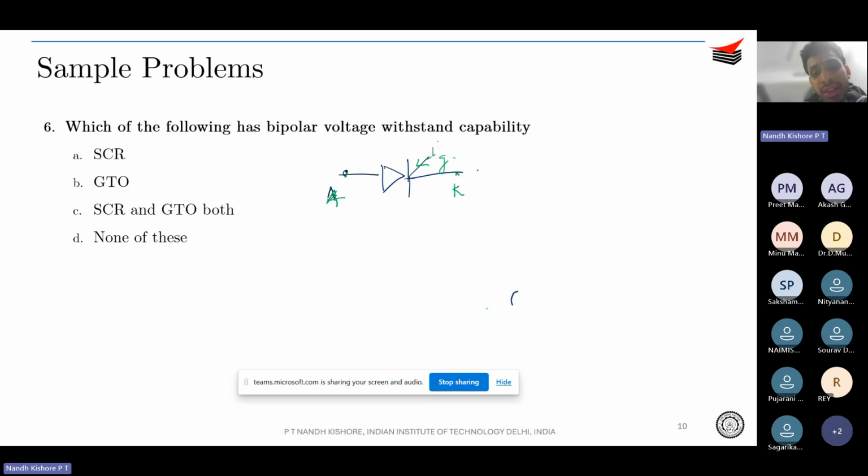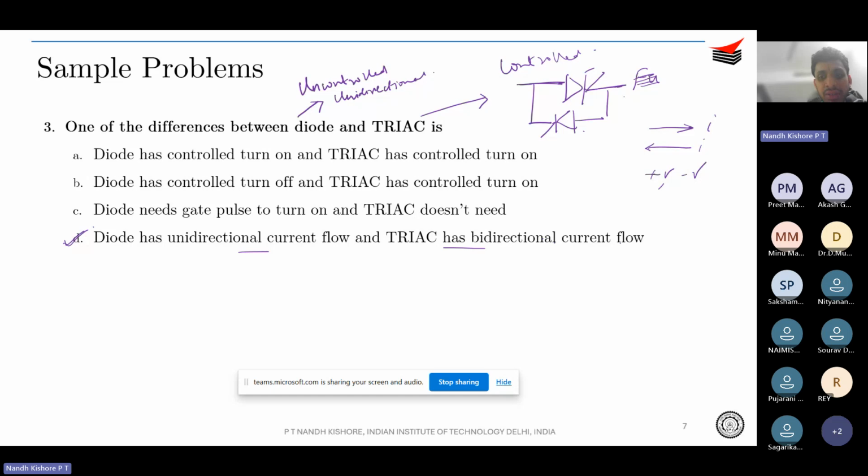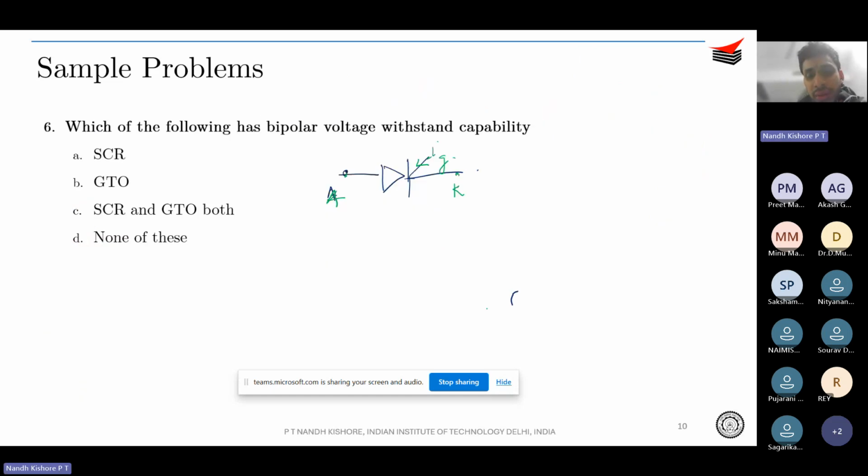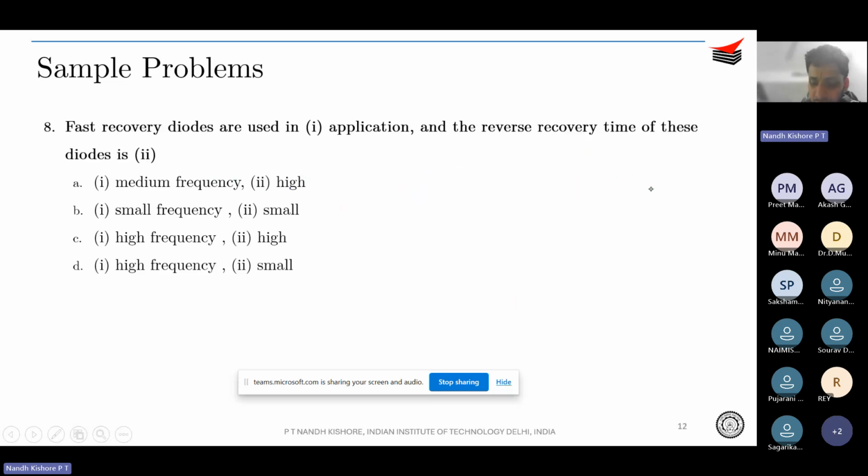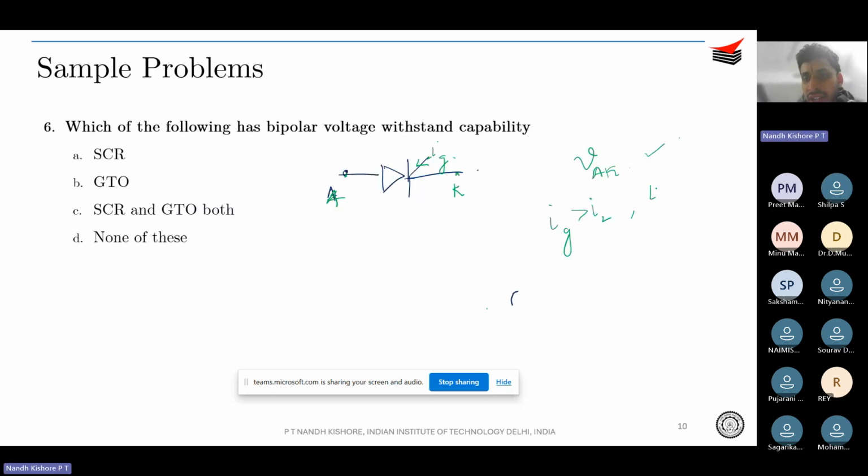Gate current is required to be fed. It can of course block VAK, right? And when you give a gate current more than the latching current of the SCR, you know that it can conduct current from anode to cathode.